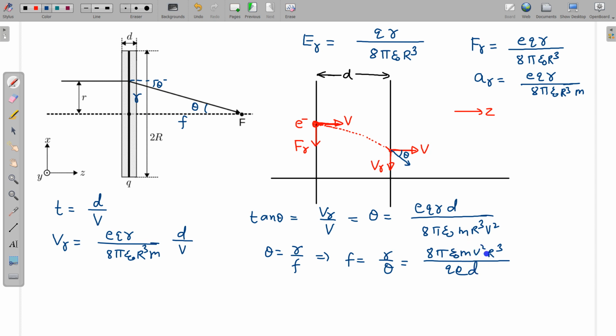We can replace mv square with the help of the kinetic energy given. Kinetic energy E is equal to half mv square, so for this mv square we can put 2E. Now there will be a factor of 2, so the focal length will be equal to 16 pi epsilon naught r cube times kinetic energy divided by QED, and this Q must be negative for this system to act as a focusing system.